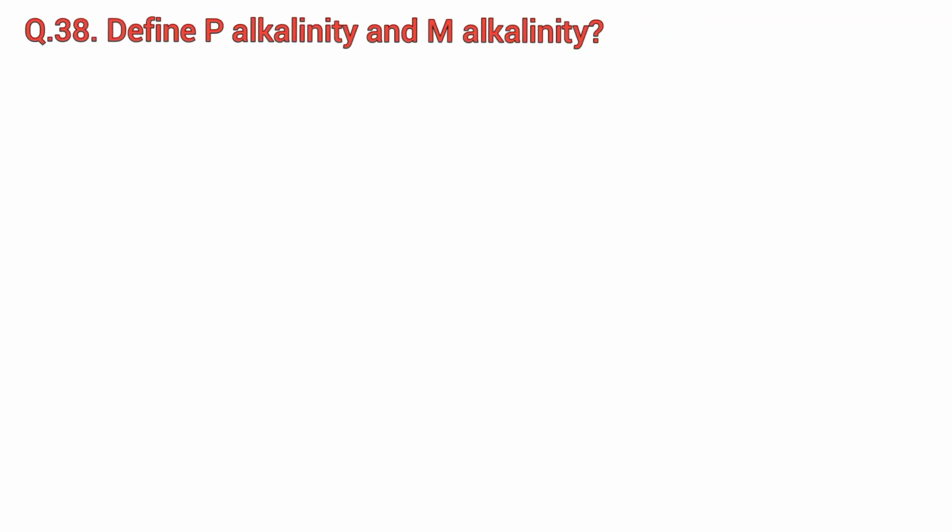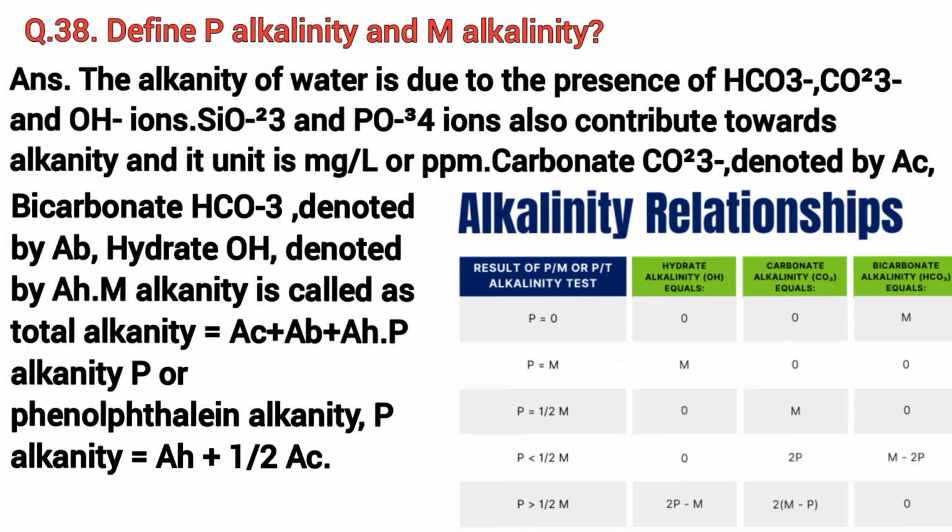Define P alkalinity and M alkalinity. The alkalinity of water is due to the presence of HCO3-, CO3 2- and OH- ions. SiO3 2- and PO4 3- ions also contribute towards alkalinity, and its unit is mg/L or ppm.